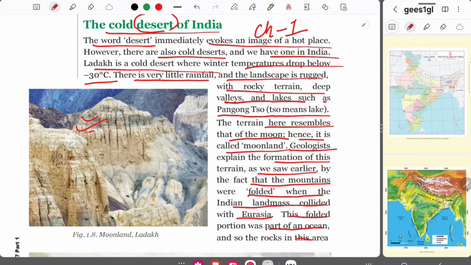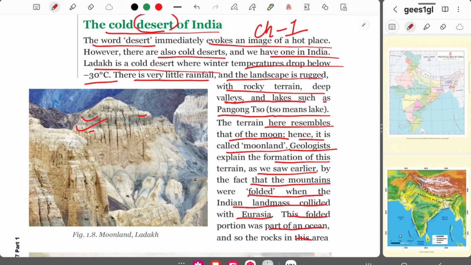As we learned in our previous class, the Indian plate, which was a part of the Gondwana landmass, slowly drifted from the southern hemisphere towards the northern hemisphere, and finally collided with the Eurasian plate. As a result, the Himalayan mountains were formed, and at that very time the mountains of Ladakh were also formed. The area where these mountains were folded was ocean before.